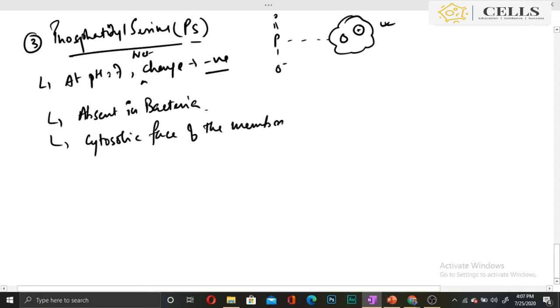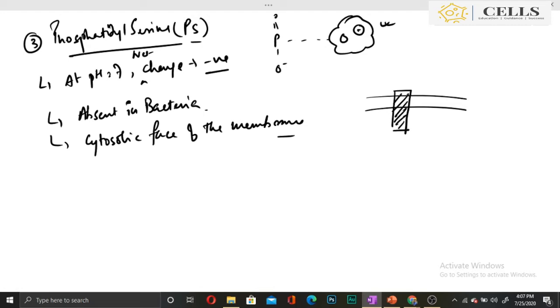If this is the membrane, they are present like this, same as phosphatidylethanolamine. PC was only at the exoplasmic phase. So this is PS.